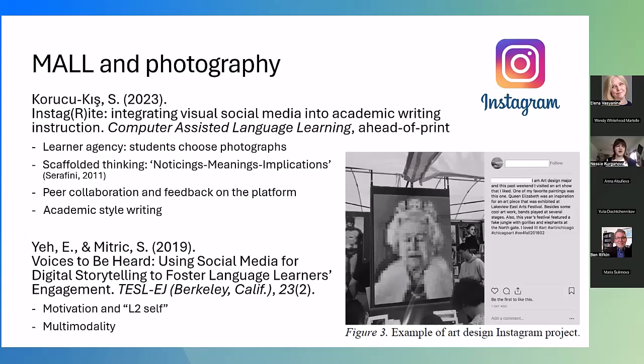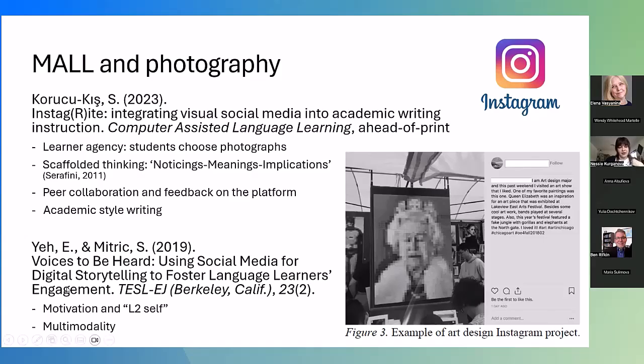I think that kind of goes against what the affordances of the platform are and is not the strongest example. But what I did like in this approach in this paper is the emphasis on learner agency in their choice of photographs and their scaffolded thinking routines.